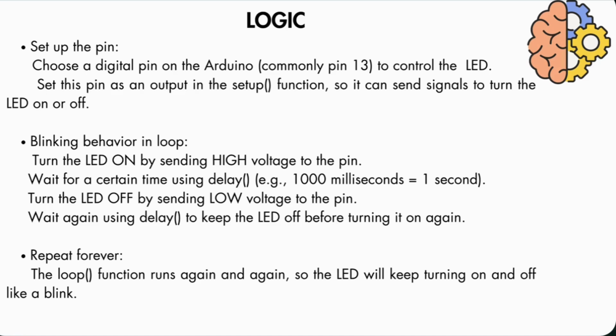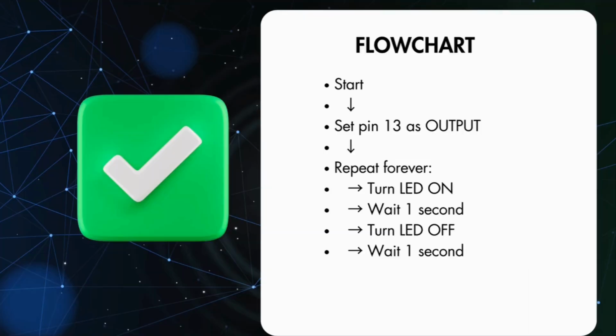For this project's sake, we have taken 1 second, which is 1000 milliseconds. And then it needs to turn off, where the voltage is low, and then again we wait for 1 second. This entire behavior of the LED needs to happen in a loop, that means forever. This concept in coding is called a loop. Whenever you want a particular instruction to happen indefinitely or repeatedly, we call that a loop.